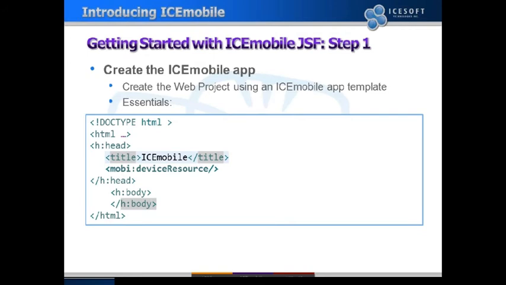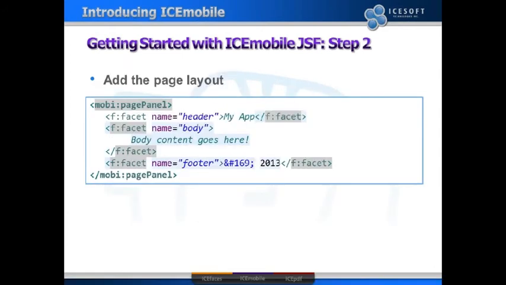It'll help you and control automated theming, inject the proper CSS and JavaScript, as well as control the optimum viewport settings that can be done with meta tags inside of the head element. So to get up and running with ICEmobile, one of the few things you need to do is just use the Mobi device resource tag, and then you're off and running.